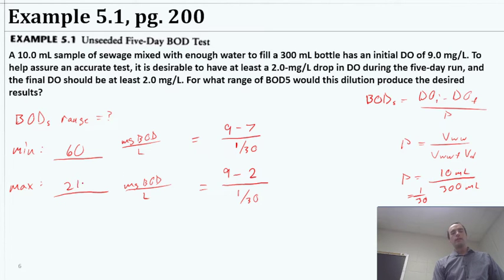And here's that 7 times 30 to give us 210 milligrams per liter BOD. And to be precise, I suppose we could say BOD 5. I'll probably not always write that out, and if I don't, then we can assume it's BOD 5. We could technically solve something for BOD 4 or 10 or something, right? But convention is BOD 5.